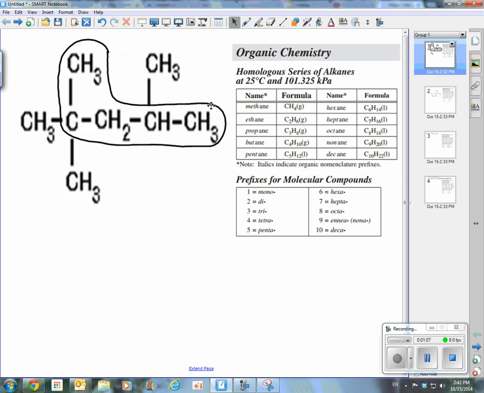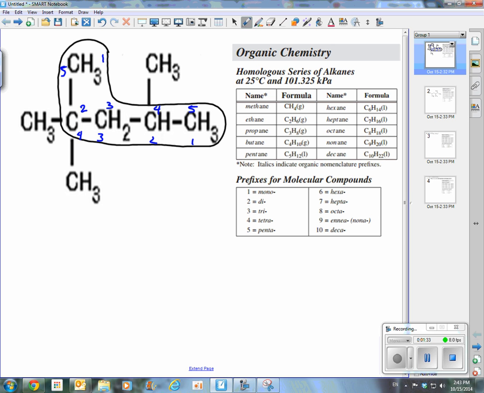And now we're going to count how many carbons there are. So there is 1, 2, 3, 4, 5 carbons in our parent chain. Okay, now one of the things that we need to remember is that we could number this chain in the opposite direction. So it could be numbered 1, 2, 3, 4, and 5.